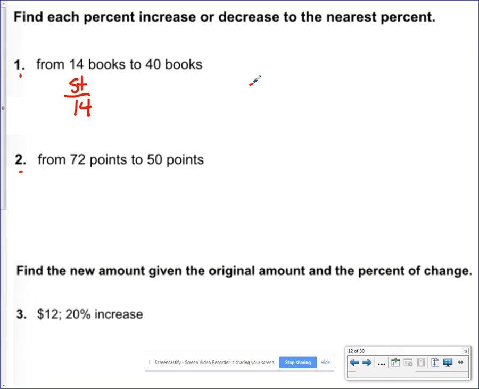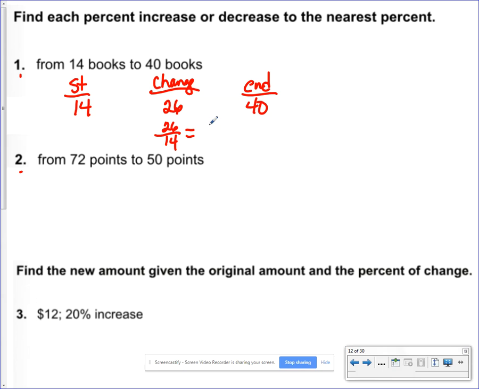Here's the start. Here's the end. How much did you change? We went up 26. When you go to find the percent that it changed, you have to take 26 over 14. Yeah, you changed by more than 100%.